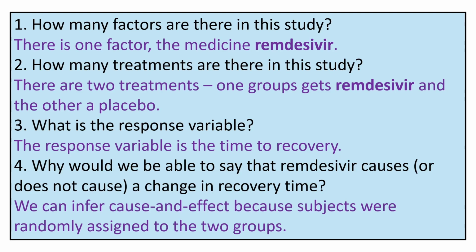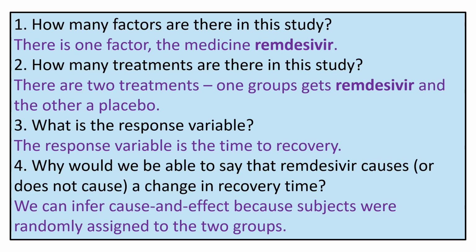We know that within any individual person, there are many factors, either known or unknown, that can cause variation in their response to either taking the drug or taking a placebo. So if you have two groups of people, there's many different ways those two groups can be different from one another.